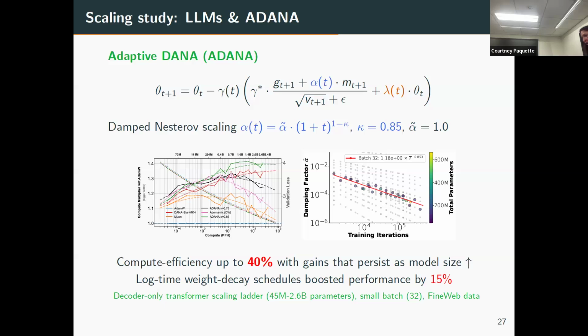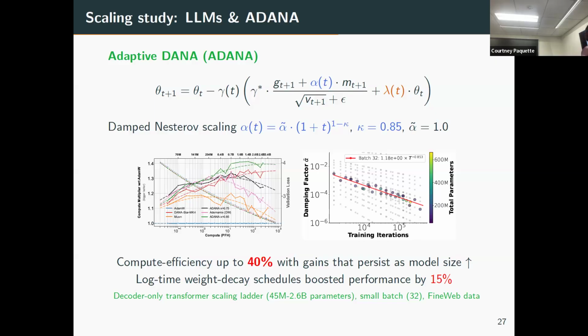I think in the regime that academics can actually run experiments at, the batch is basically fixed. You don't run 512 batch at the small scales. Atom works way better with smaller batch.